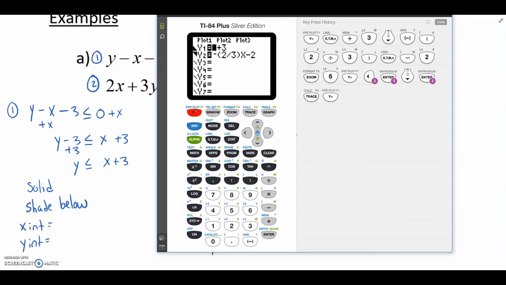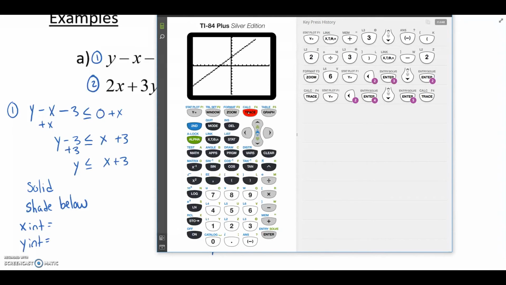So let's go and remove that and find our x and y intercepts. There's your dashed line. And I'm just hitting enter to go through the menu and get that back to where we need it to be. There we go.